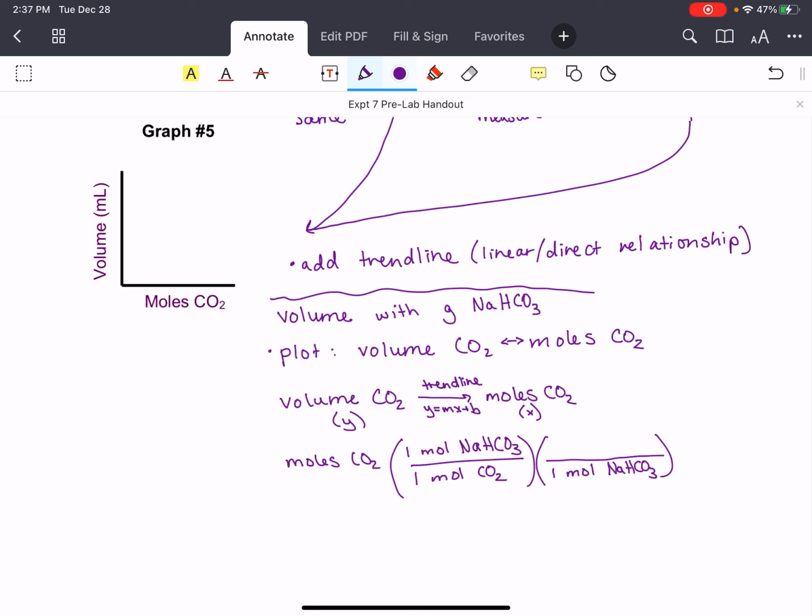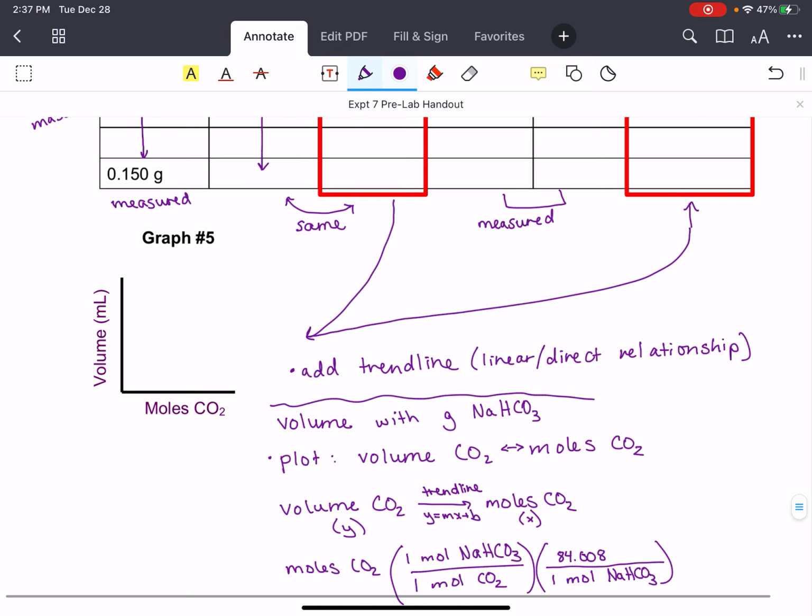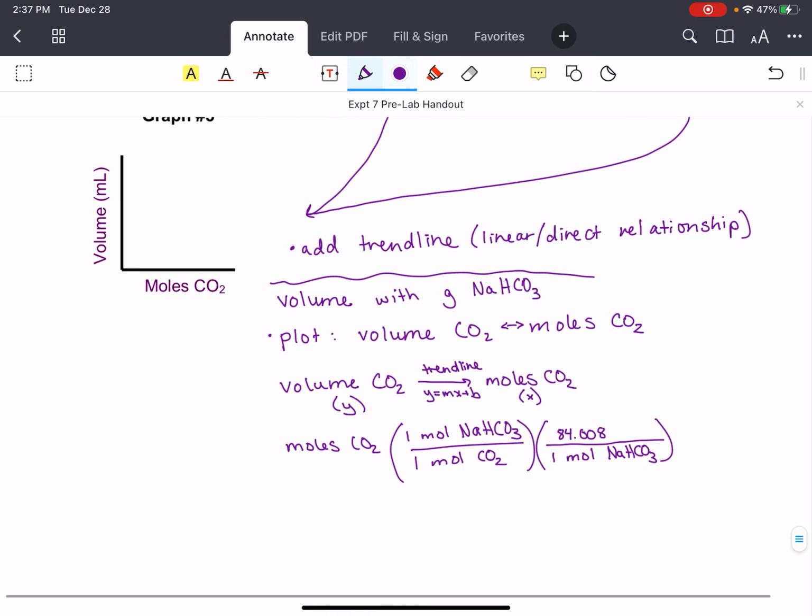And so the molar mass of sodium bicarbonate is what we used in the table. Just want to verify, 84.008 grams per mole, which is what we had above. And so this would allow you to solve for the grams of NaHCO3 in the question. Have fun!